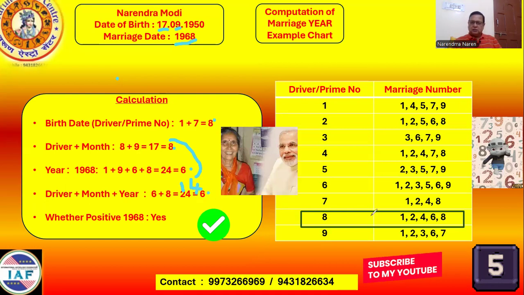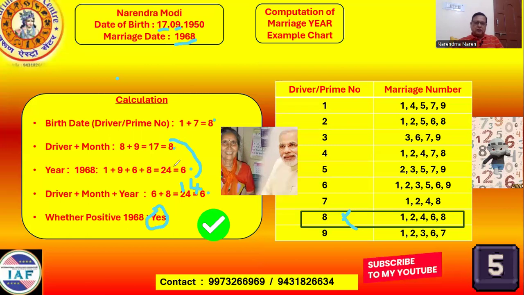If you see here, against his prime number, this is not appearing. So this is not the truth. Okay, sorry for the mistake. So for Narendra Modi, the chart we have taken is 17th September 1950 as the birth date. When we add it together, 8 plus 9 is 17, which becomes 8 again.